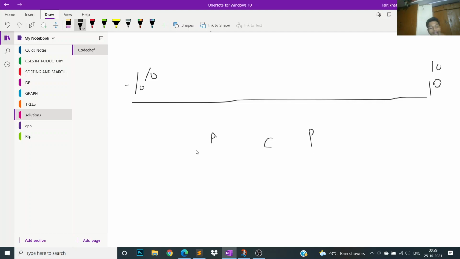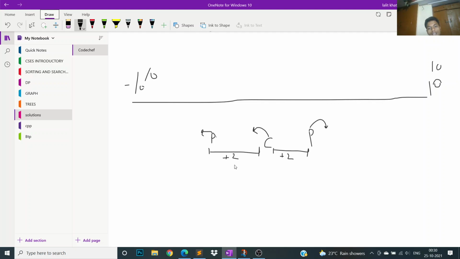One should observe that in two moves, first the police and cops move, and then the chef moves. So the difference between them, whether it increases or decreases, doesn't matter, will change by plus 2 or minus 2.